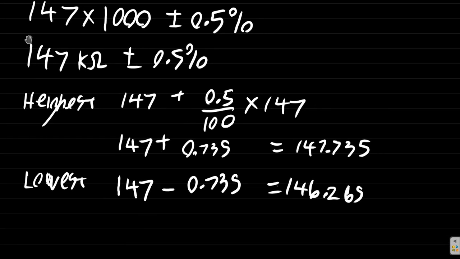So these are in kilo ohms. So the average resistance is 147 kilo ohms, but it can be as low as 146.265 kilo ohms or as high as 147.735 kilo ohms.